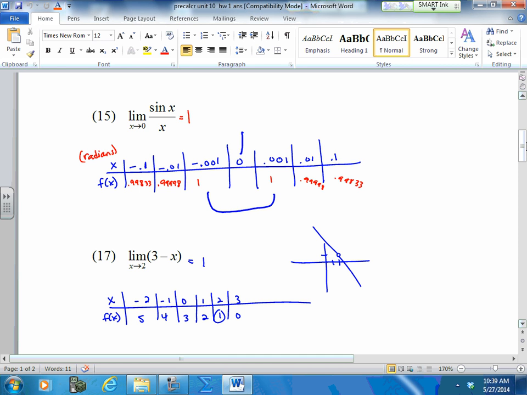Now, this particular one, does it have any restrictions at all? Is there any x that I couldn't use in here? There's no restriction, right? So I should be able to put the 2 right in here. This limit does exist, and it is a number.